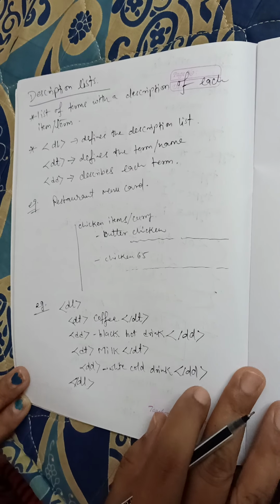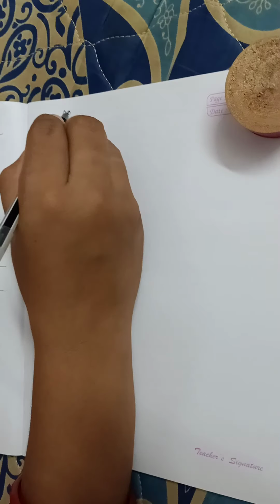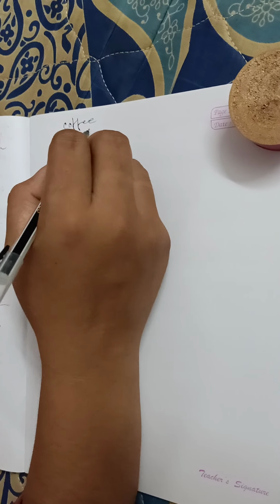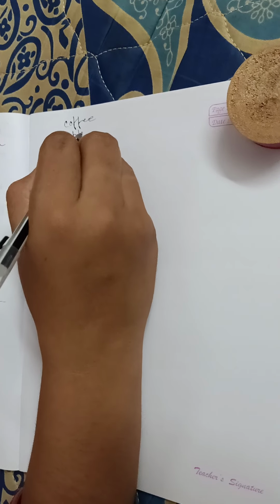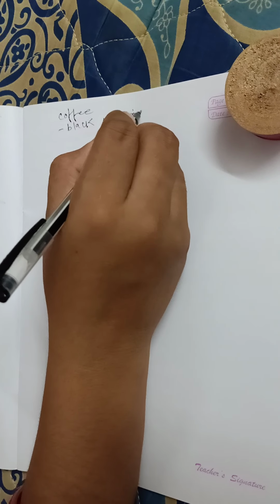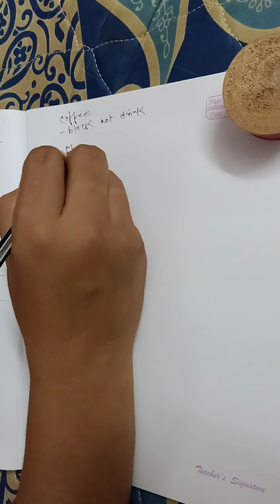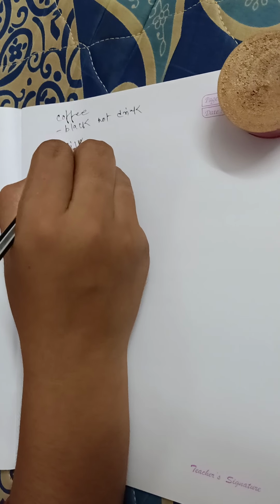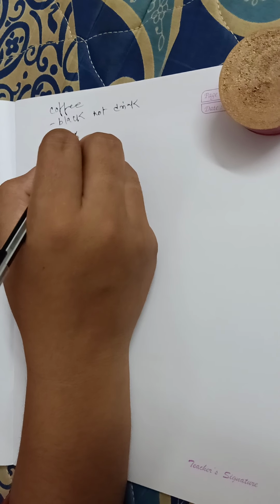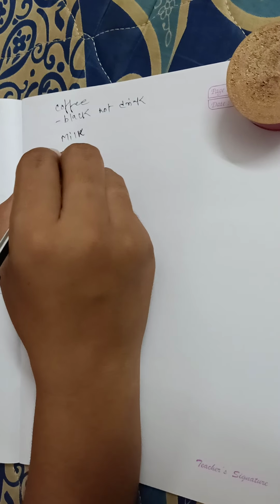So in my output, what will happen? I'll be having coffee, then black hot drink, then next is your next item, that is milk.